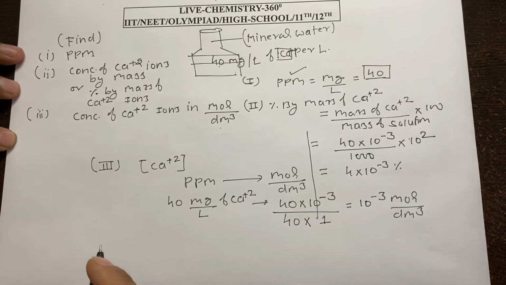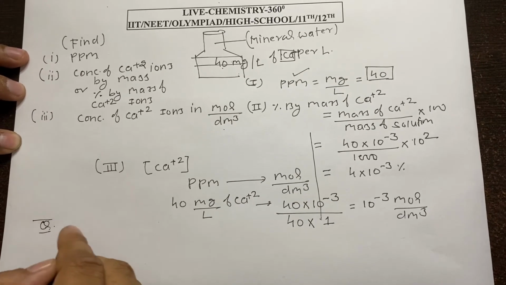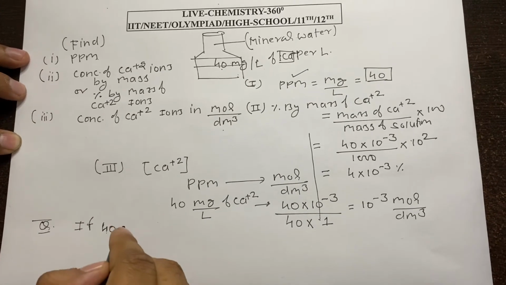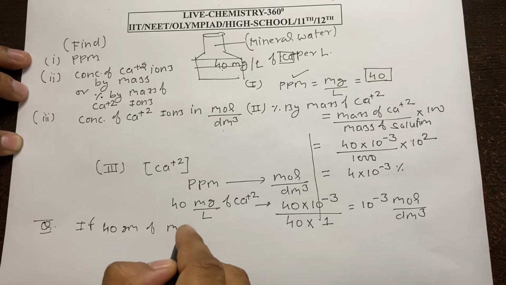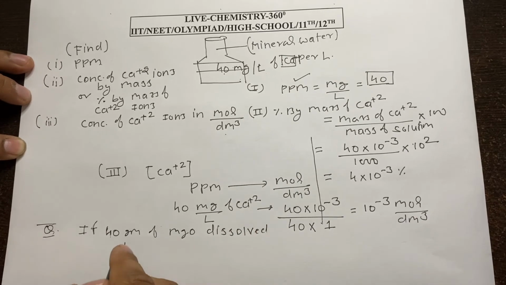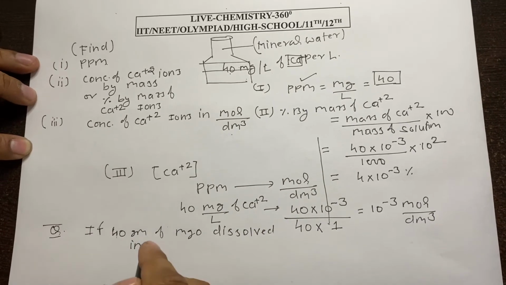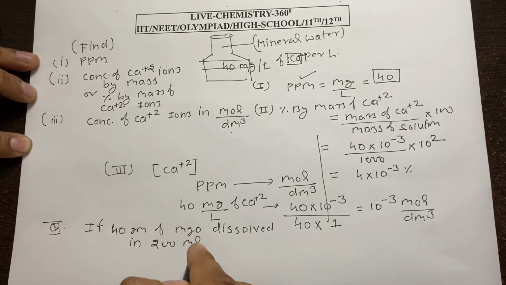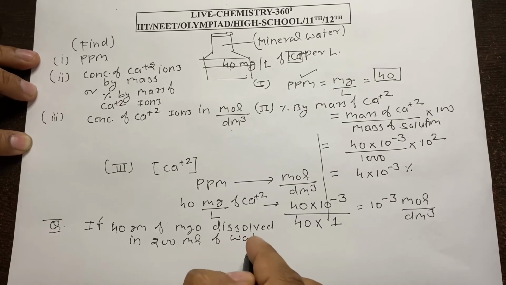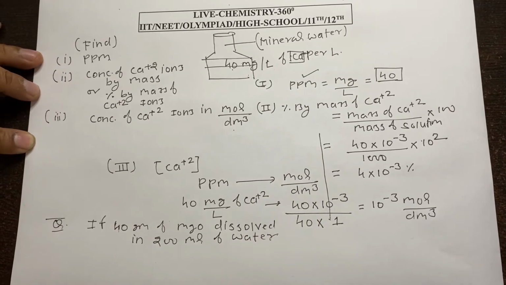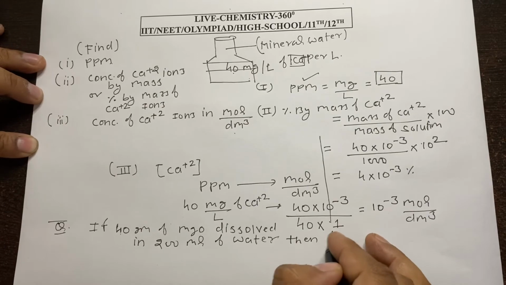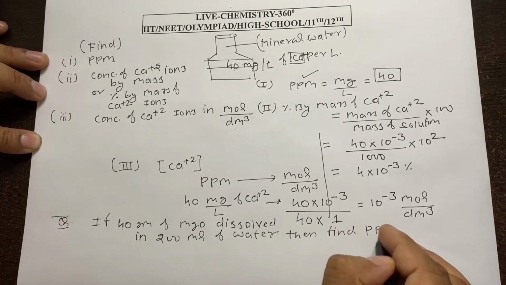We can take one more example: if 40 gram of MgO is dissolved in 200 ml of water, then find the parts per million.